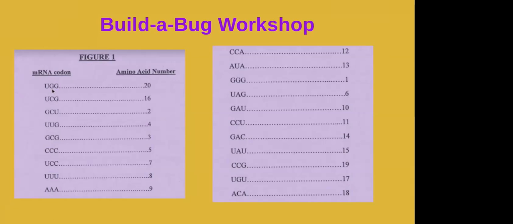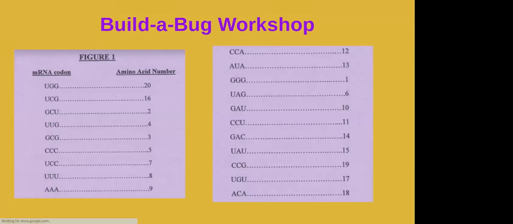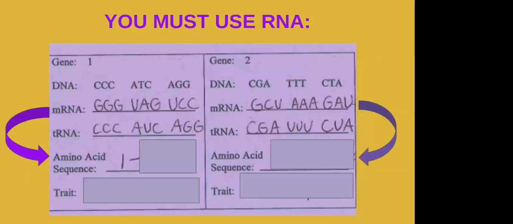So actually, let me go back, sorry. The first messenger RNA codon is GGG. So I'm going to go pull up my PDF and find GGG. Right there is amino acid number 1. So I've got amino acid number 1.